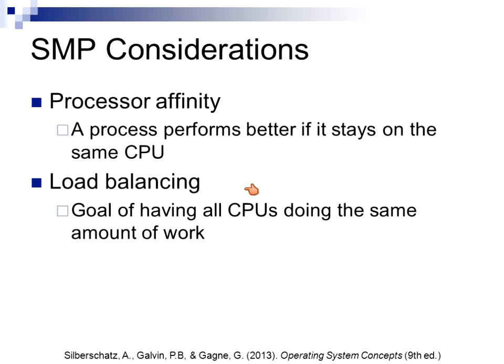Or there's the pull model, where CPUs that are idle will pull work from the busy CPUs. Okay? So there's so much going on under the covers, and when you think about it, we don't have multiprocessors on our phones, but a lot of this stuff we're talking about, all these different scheduling mechanisms, is all happening on our cell phone. Okay? So you can just kind of think of some of that.